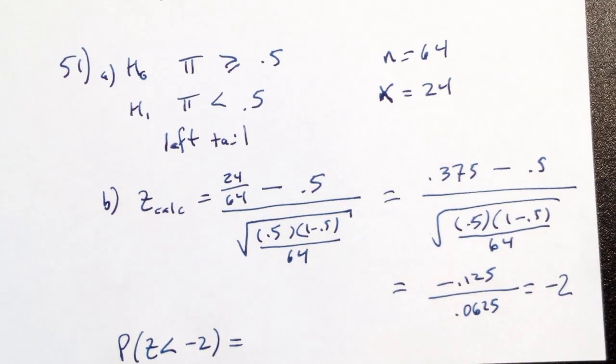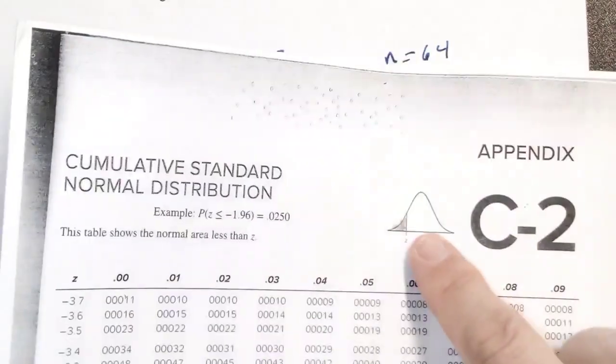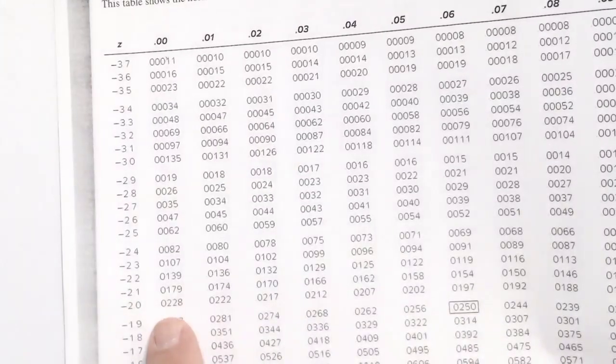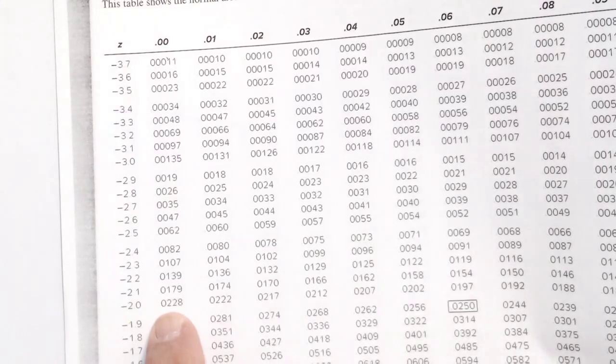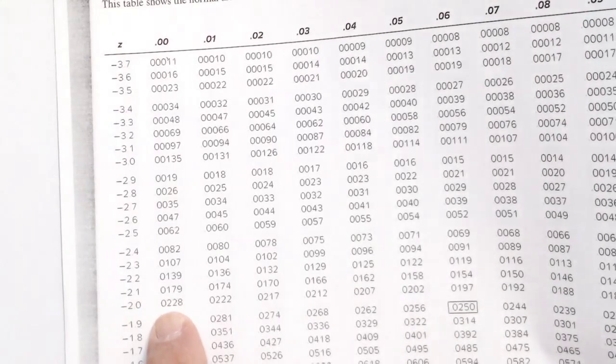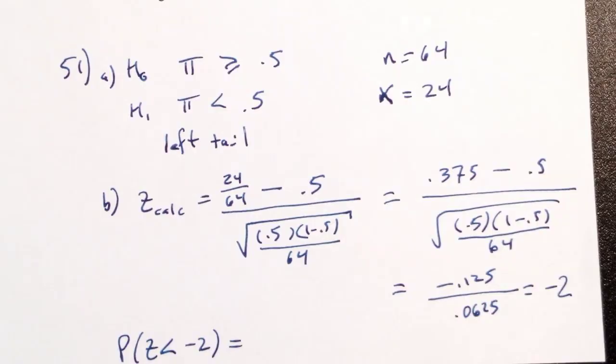That's in table C2, the cumulative distribution version, because I went all the way from the left to -2. That's this picture. There's -2.0, 0.0228. So that's my p-value.